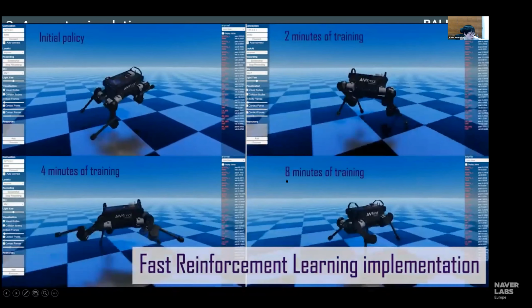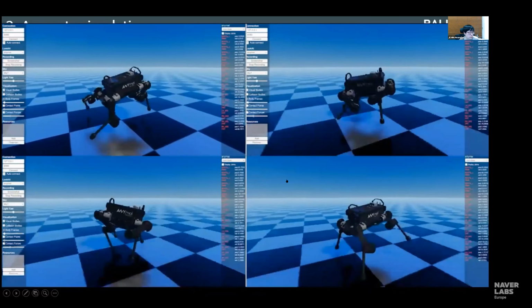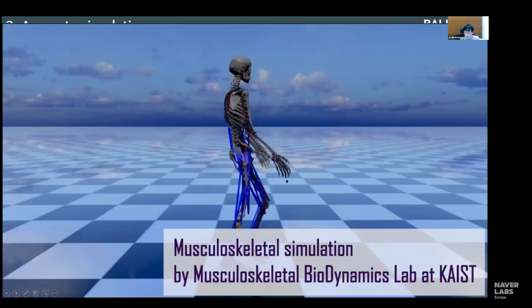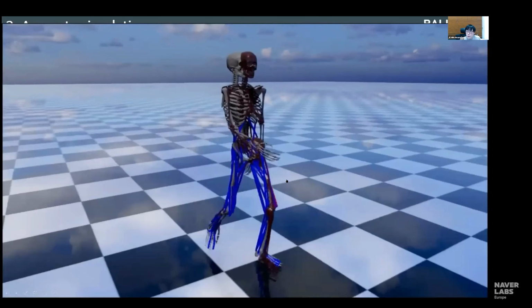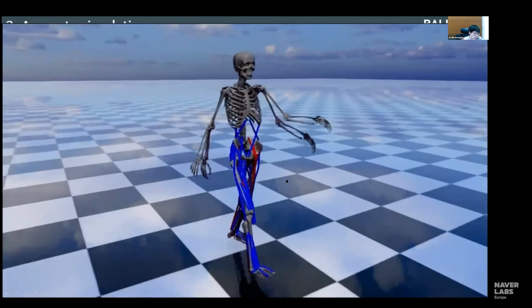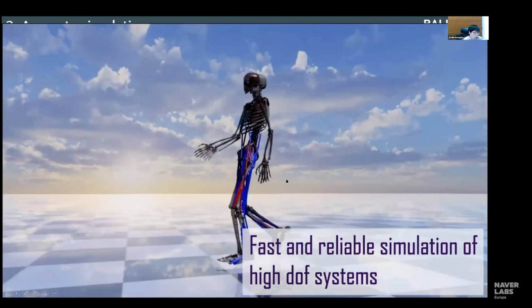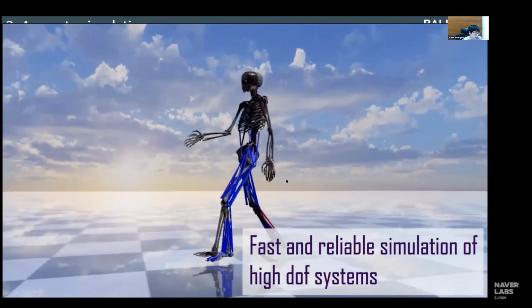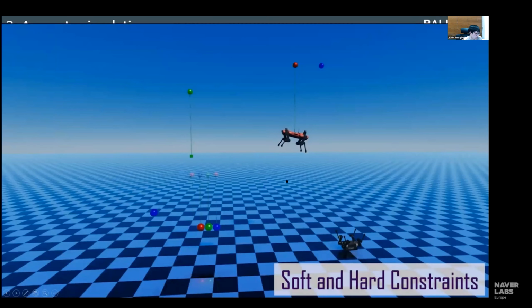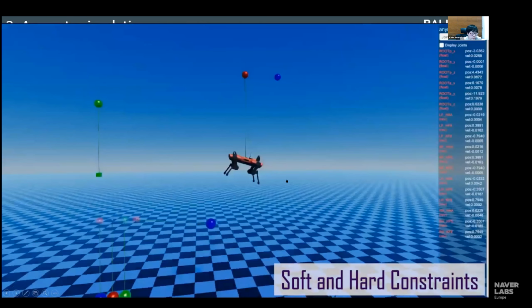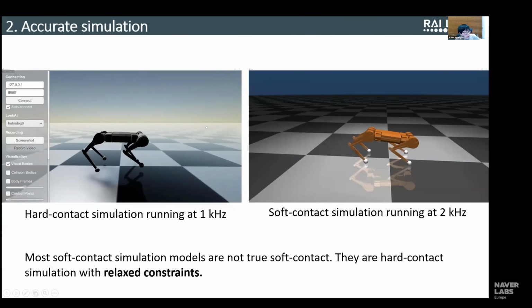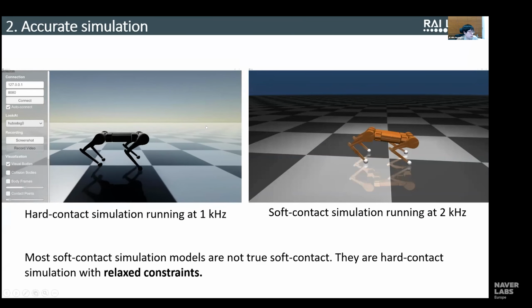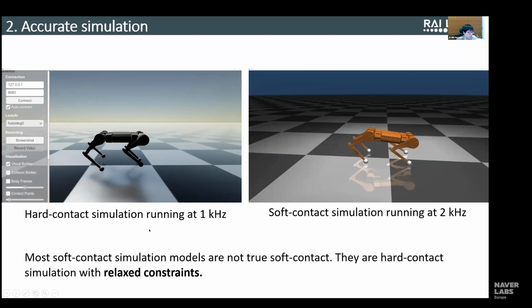This is a general physics engine, but I've mainly been using it for reinforcement learning, and there are many utilities you can use for reinforcement learning. You can simulate a human model and different constraints. What's nice about this simulator is that it's a hard contact simulation.